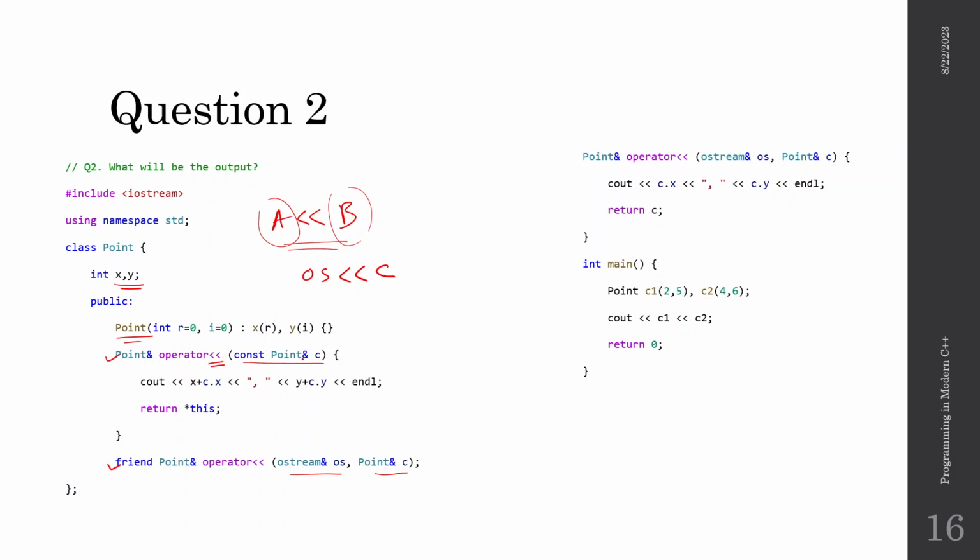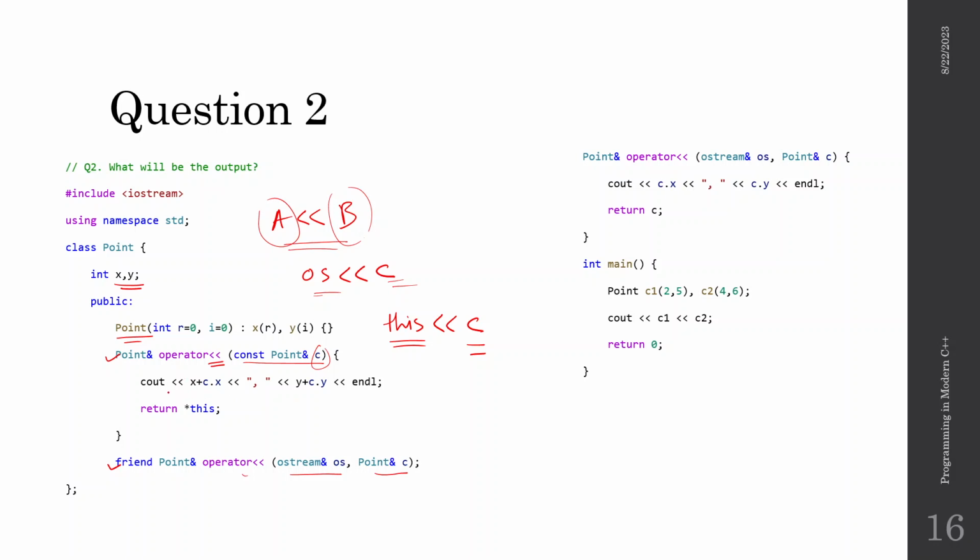It operates on the current object and some other object. You can think that the current object is this, so it operates between this and c, which is the other object it takes. So in case of the second one, it is an output stream between an output stream and a complex object, and in the first case the operator works between two point classes.